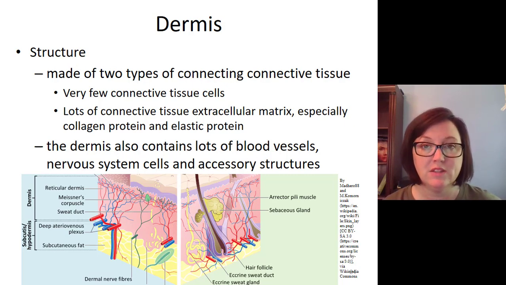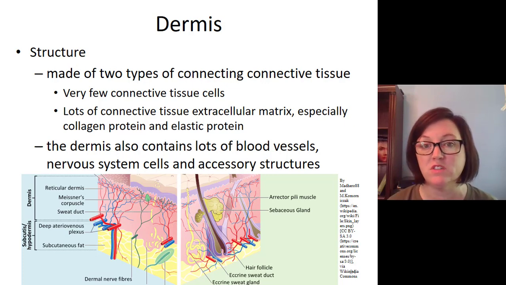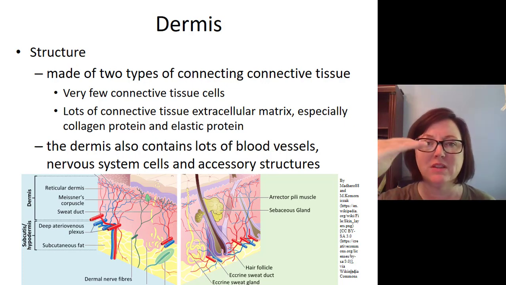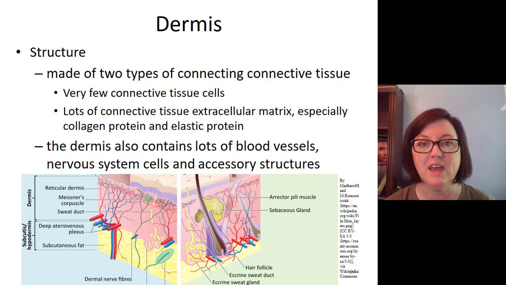Now, these are connective tissues, which means there's not a lot of connective tissue cells here. There might be some fibroblasts here and there, but there's more extracellular matrix than there are cells. And this is very different than what we saw in the epidermis. The epidermis had layer upon layer of cells with some extracellular matrix of lipids and keratin, but not a lot.